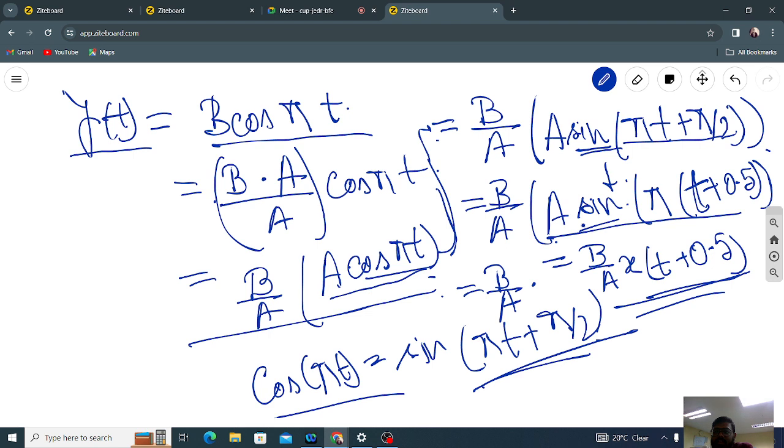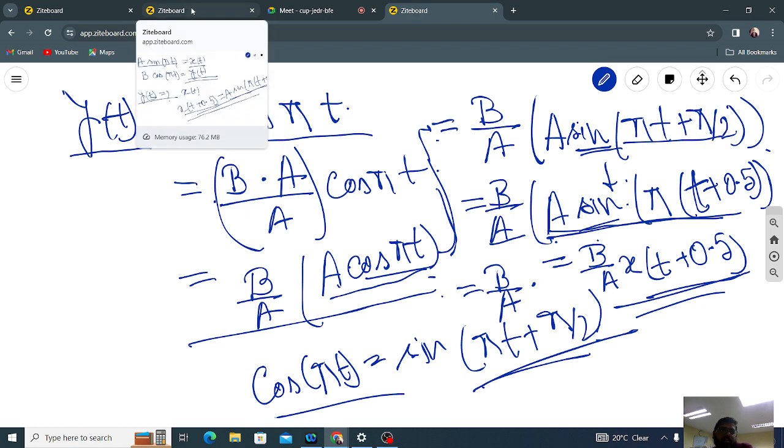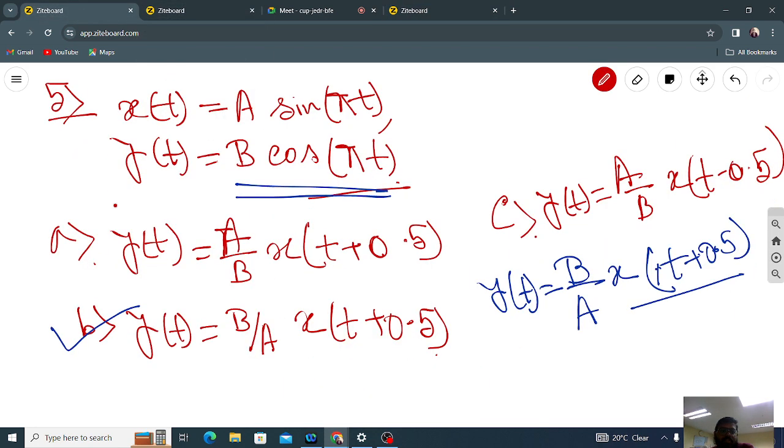So this is a sin, I am taking the part common, and that is t plus 0.5 because it is half here. So the b by a term is outside, and the whole term is equivalent to x of t plus 0.5. So this is the right answer.